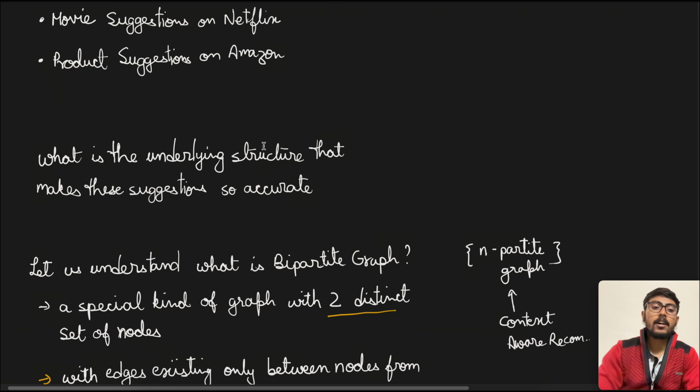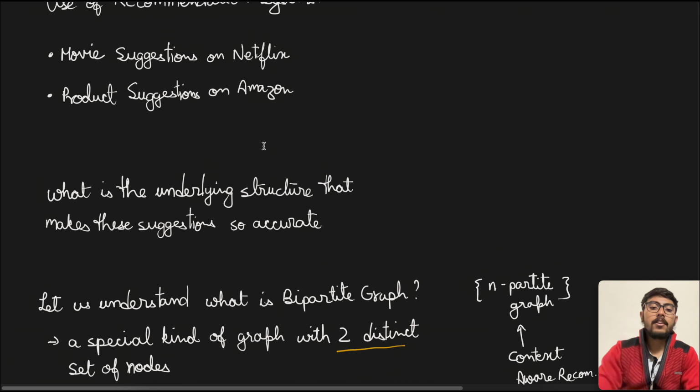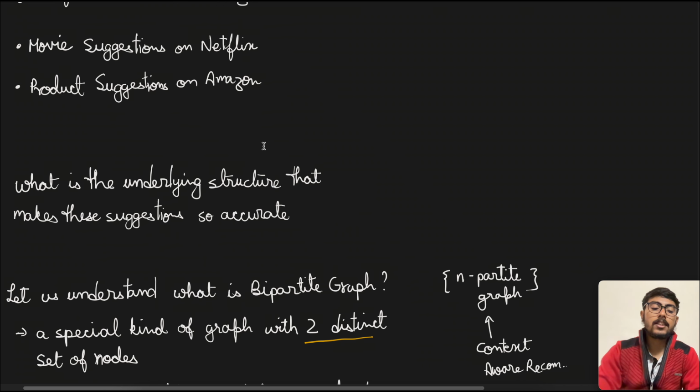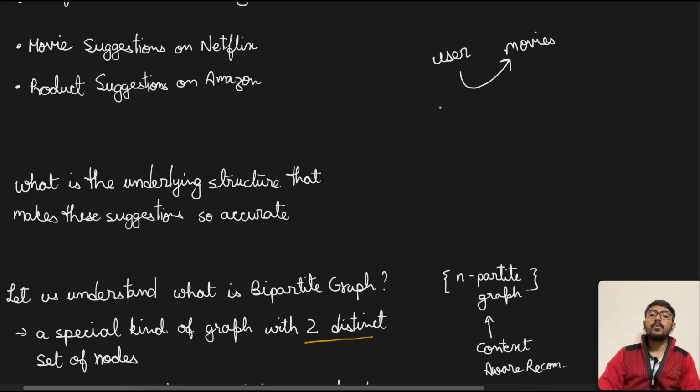A bipartite graph is a special kind of graph with two distinct sets of nodes. Now in our case, two distinct sets like users and movies are able to generate a recommendation system. But let's say there are more factors in the scenario which determine this choice of movie, let's say political choice or trend.